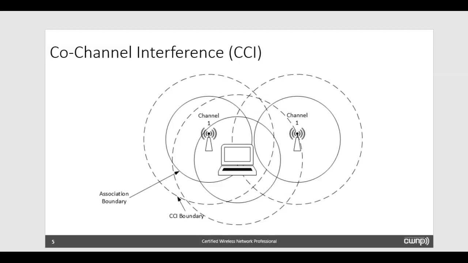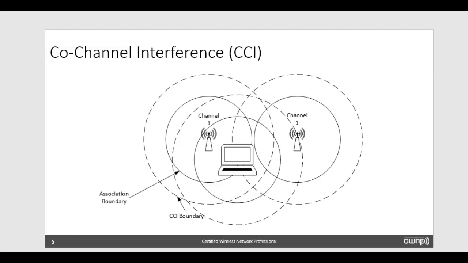Now remember, co-channel interference is caused by the channel access method we're using to allow people to get access. This access method requires a listen-before-you-talk approach to communication. Each station must listen to the channel and verify that no other devices are communicating before a transmission.